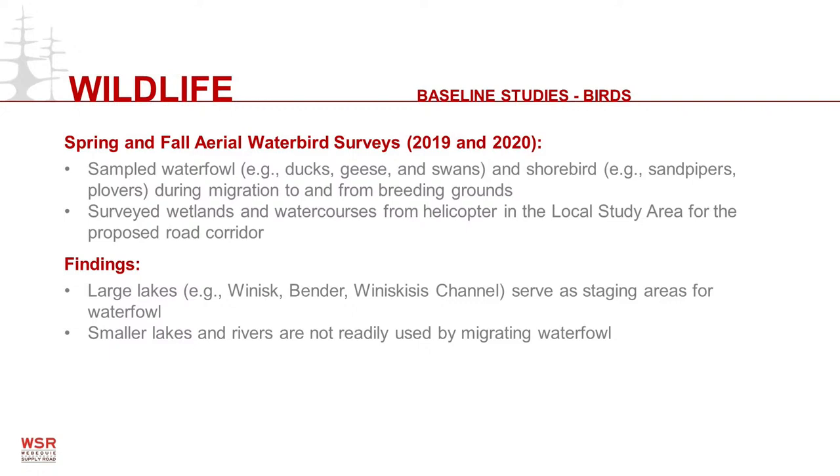We did surveys of wetlands and along water courses for the road corridor as well too. And then in terms of some of our findings, large lakes serve as staging areas, very major staging areas for waterfowl, and smaller lakes and rivers aren't really used that much by migrating waterfowl.